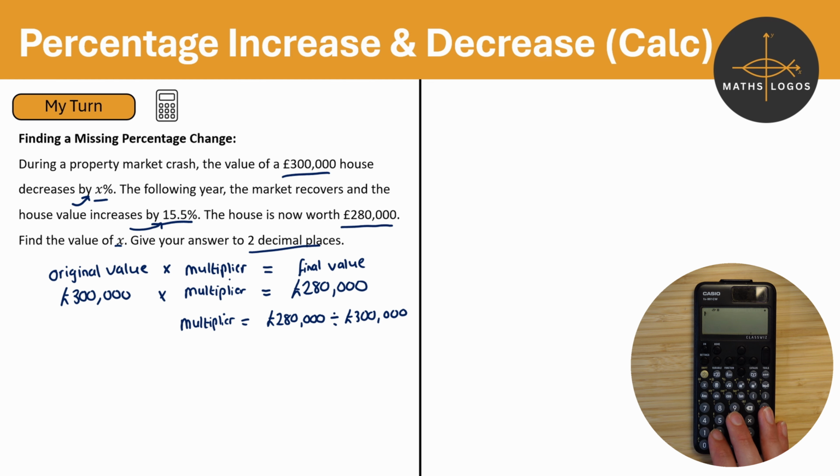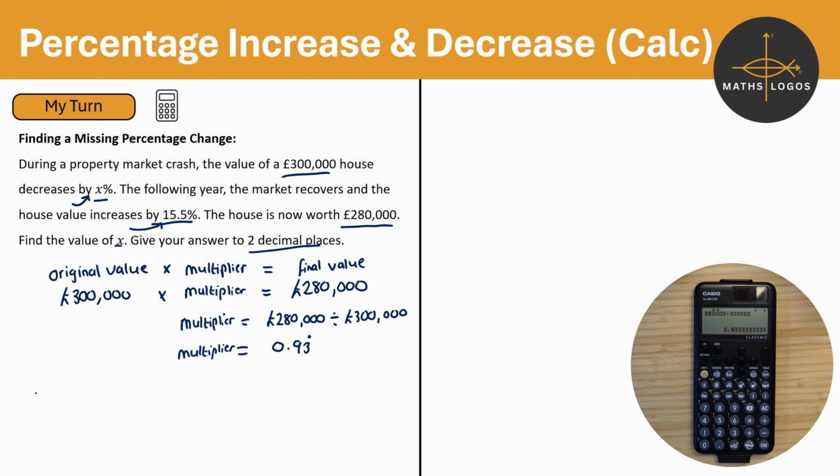We'll go to our calculator and type in 280,000 divided by 300,000. And it gives us this answer here, 0.93 recurring. That's our multiplier. Now what we also know is that there was an X% decrease and a 15.5% increase.